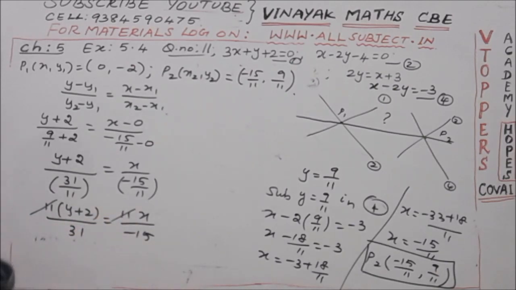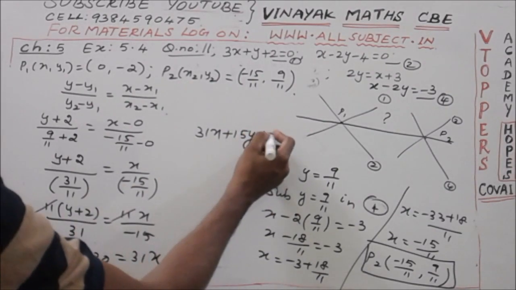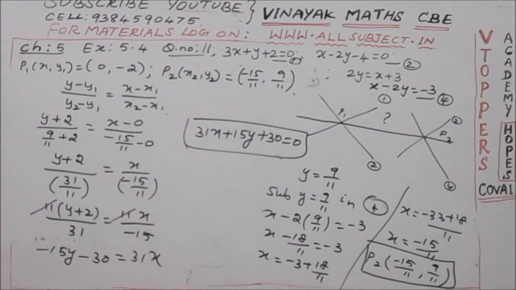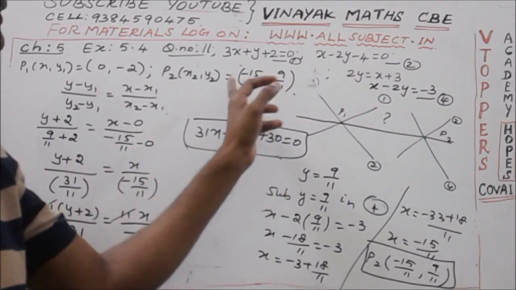Now cross multiplying, we have minus 15y minus 30 equal to 31x. Now regrouping, 31x plus 15y plus 30 equal to 0 is the required equation of the line that passes through the points P1 and P2. P1 and P2 are the points of intersection of lines 1 and 2, and 3 and 4.